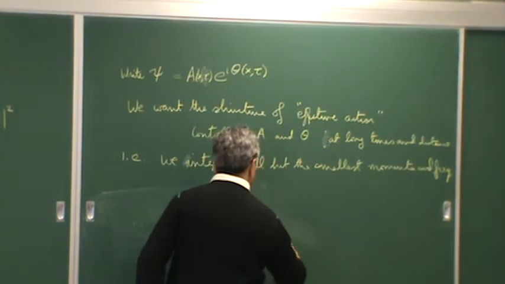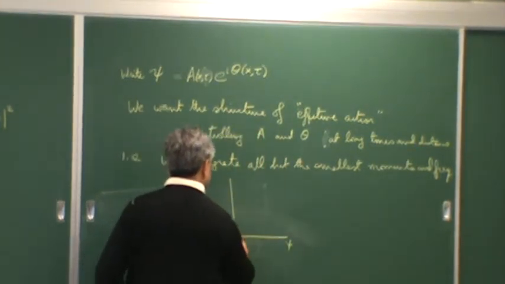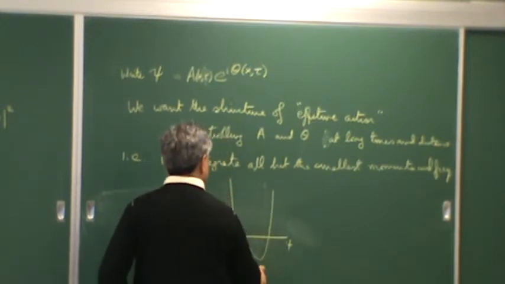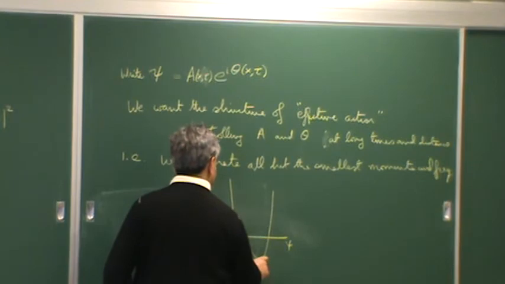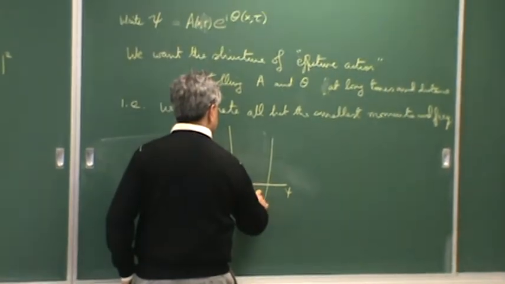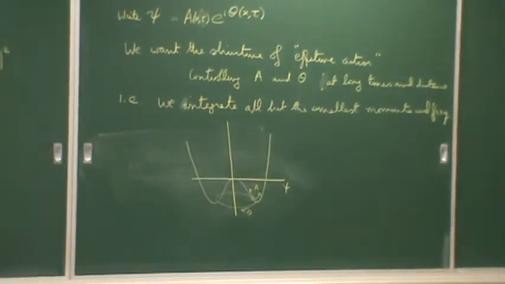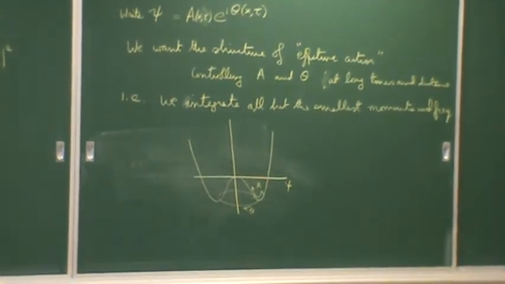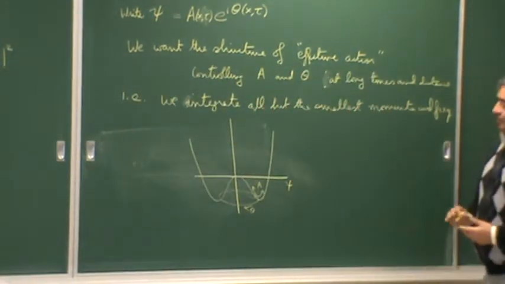Psi is a complex number, and so the potential looks something like this. Here's the minimum of psi, there's a circle over here. So this direction here is theta, and this direction this way is A.